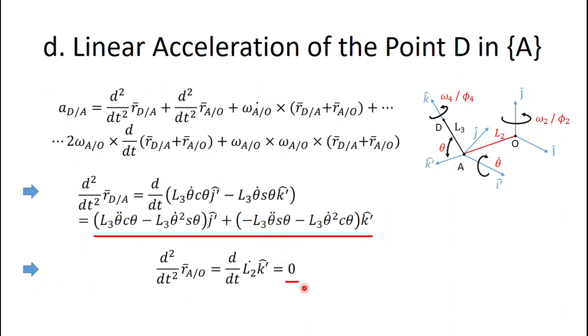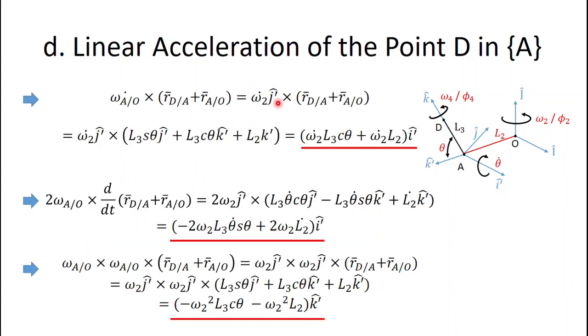So we get 0, because d by dt of L2 dot is just d2 by dt2 of L2, which is 0 because L2 changes at a constant rate, so L2 dot is constant and L2 double dot is 0, right?